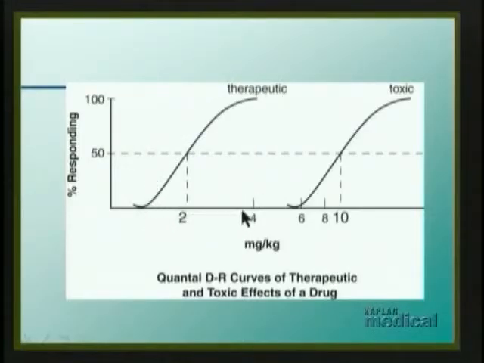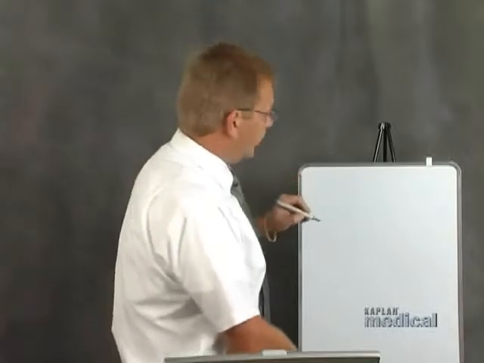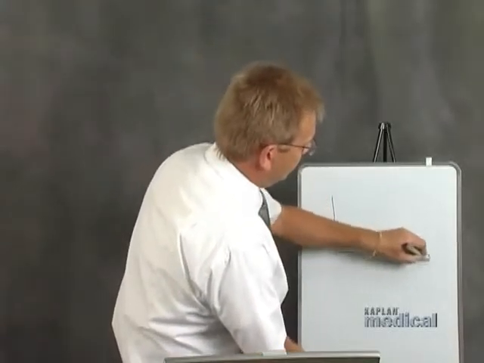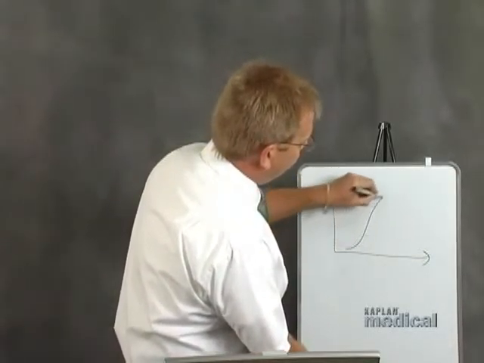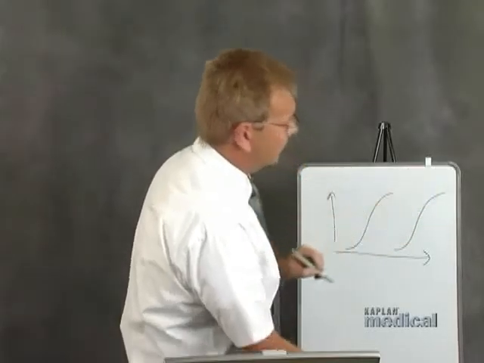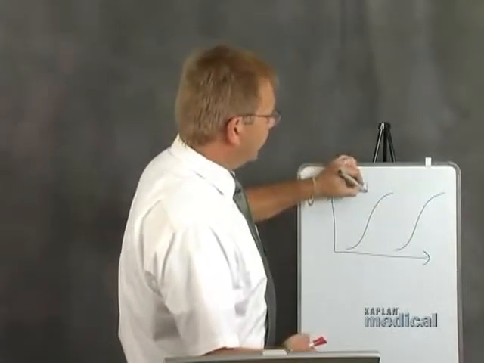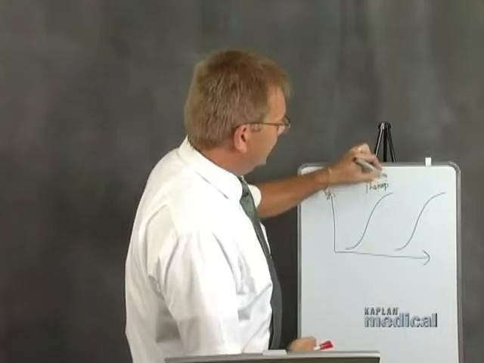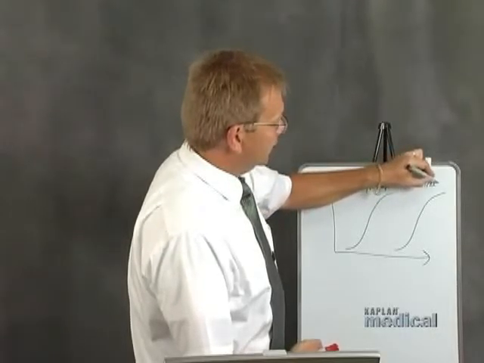So how could I show you very much the potential for side effects? The potential for side effects will occur when the curves overlap, and I'm going to show you this on the whiteboard. Imagine the following scenario. The one we have in the book, where the therapeutic range does not overlap the toxic range.